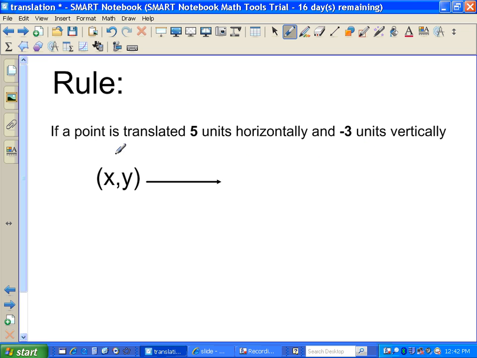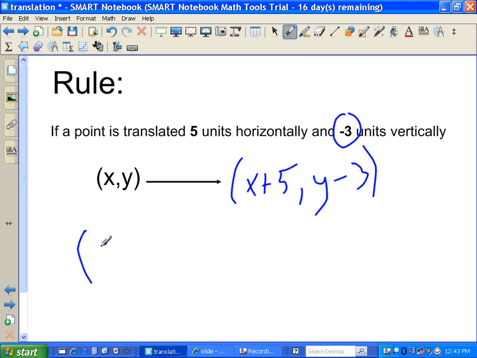So just to give you a practical what we're talking about here, if I translate the unit 5 units horizontally and -3 vertically, my new point's going to become x plus 5, y minus 3, because we're subtracting 3. So that means if I start at, I don't know, 5, comma 11, my new point will be 5 plus 5, comma 11 minus 3.